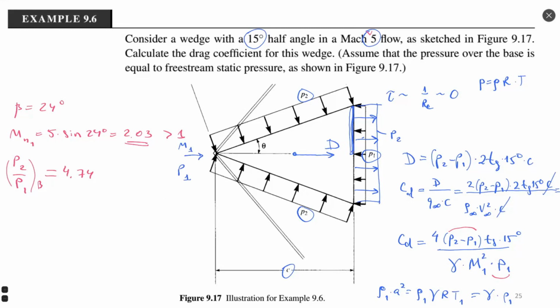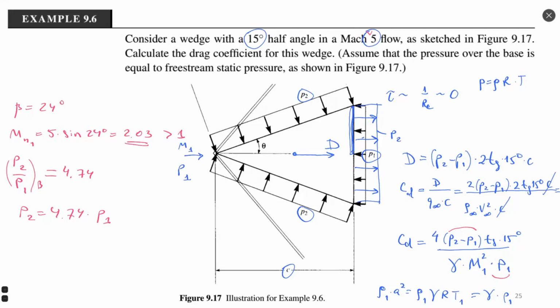It means that pressure 2 is 4.74 multiplied by pressure 1. You can see that the actual value of pressure 1 is not so important here, because we can calculate independently of the value.